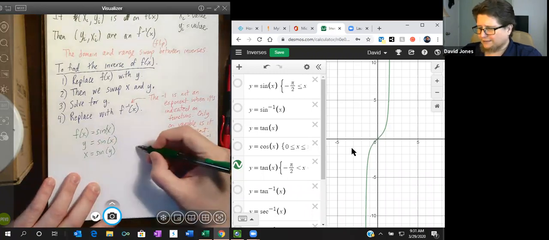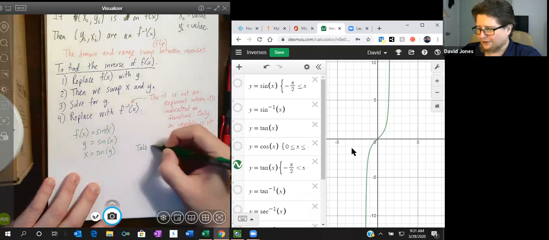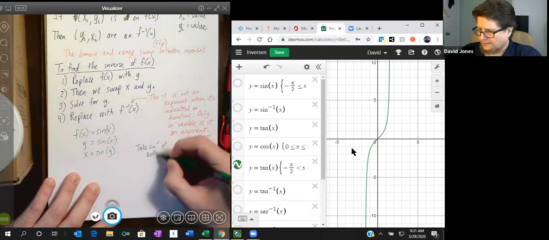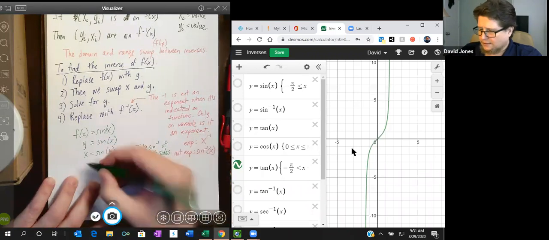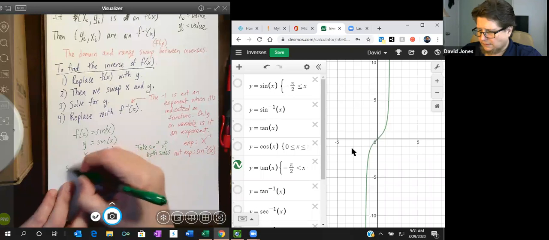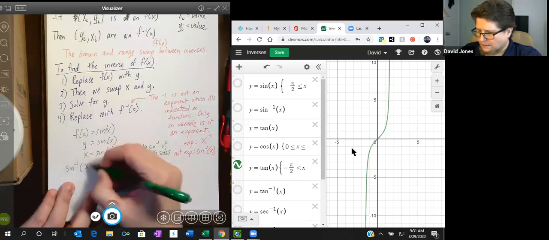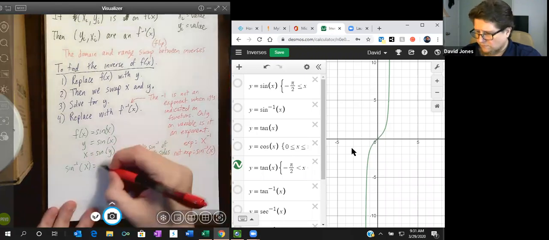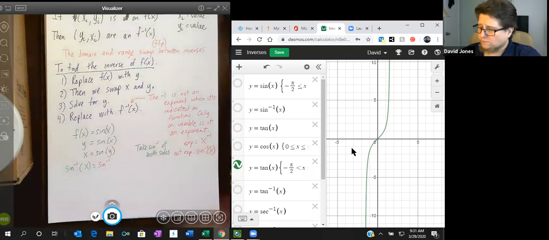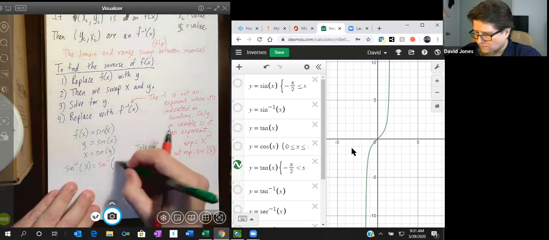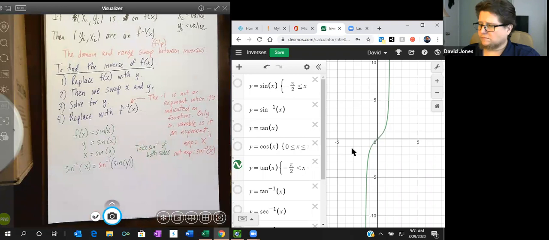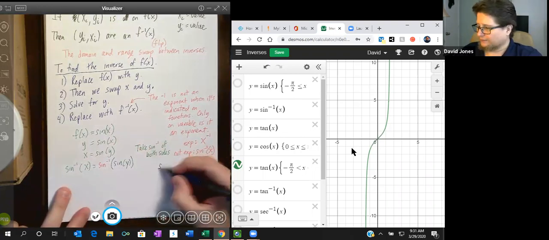And what we're effectively doing is taking sine inverse of both sides, when sine inverse and sine cancel each other out.